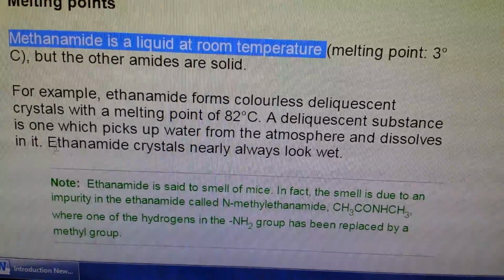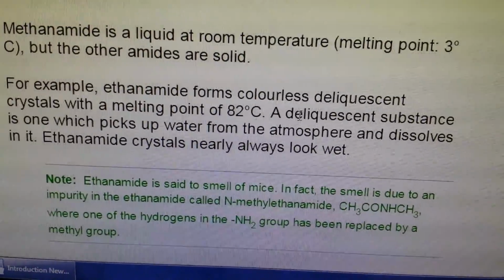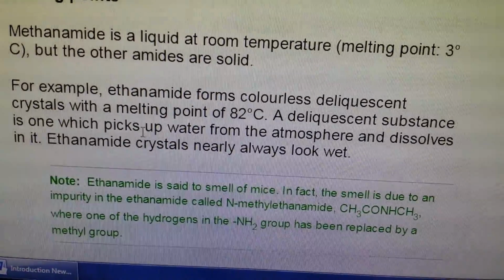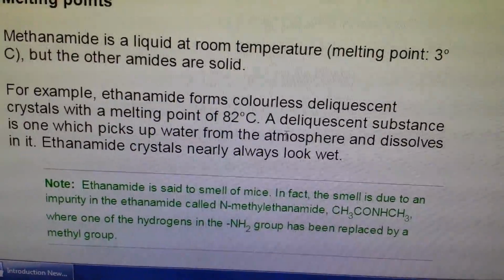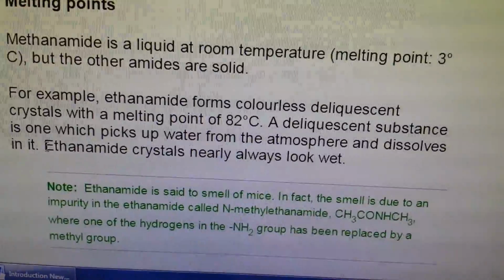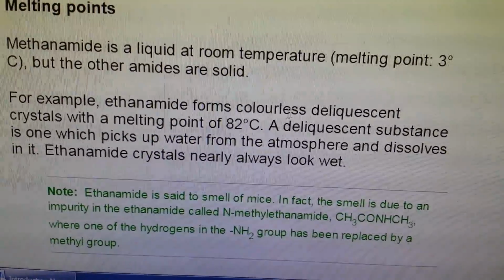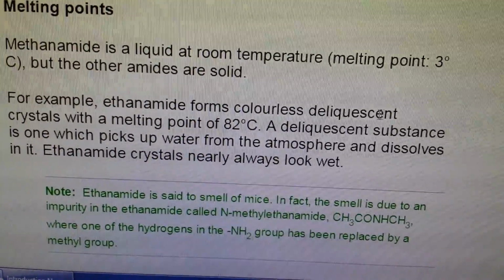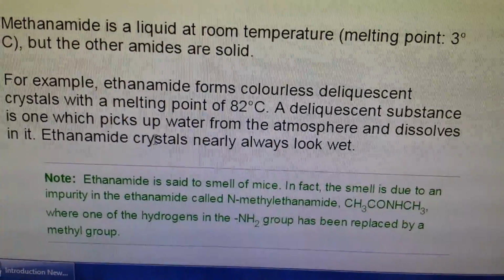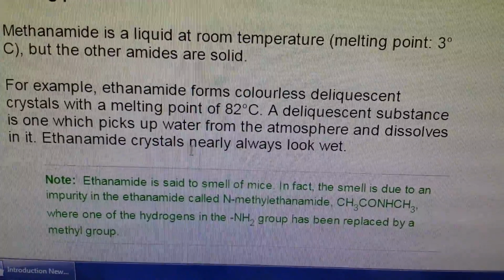Deliquescent substance. What is that? When we say deliquescent, what's that? It is a substance which picks up water. I mean, it absorbs water from the atmosphere and then becomes liquid and dissolves in it. So if you expose ethanamide, which is a deliquescent substance, to the atmosphere, it will absorb the moisture from the atmosphere, and it will melt and dissolve.